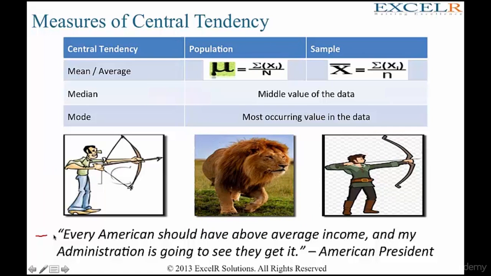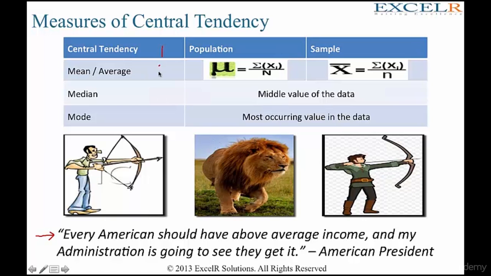And give a serious thought to this. "Every American should have above average income, and my administration is going to see they get it." This was quoted by a famous American president a few years back. How can you have all the values above average income?